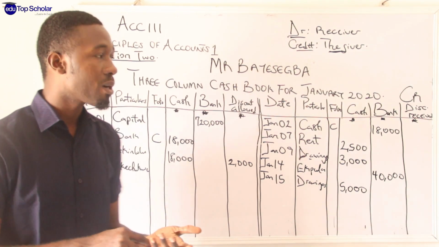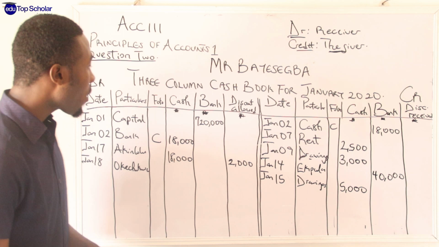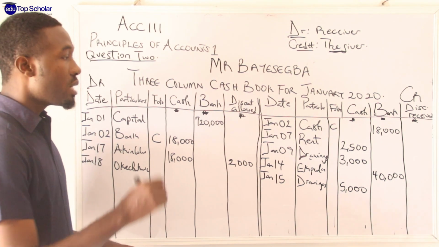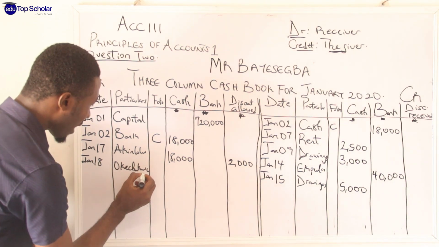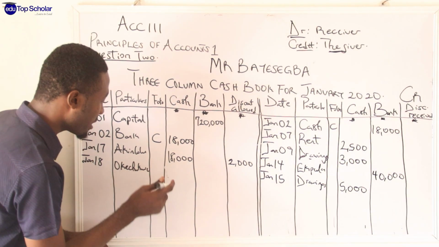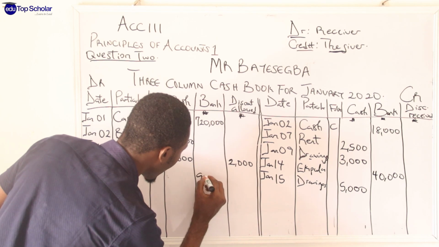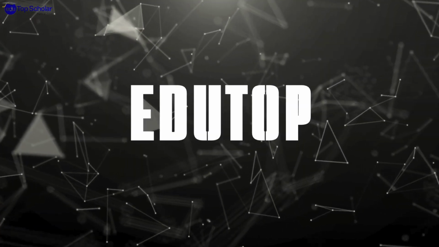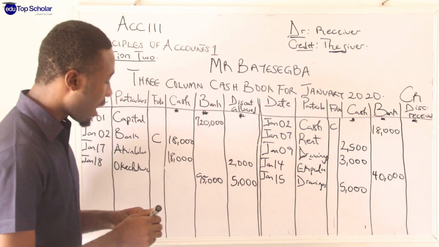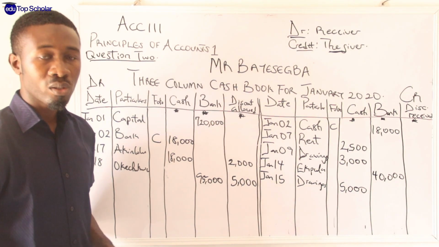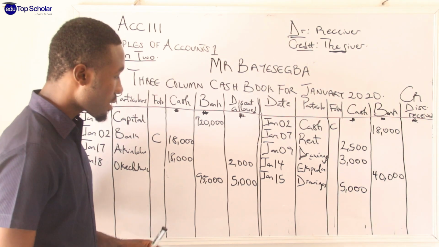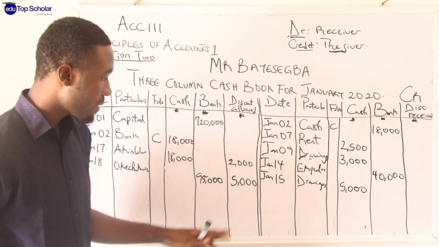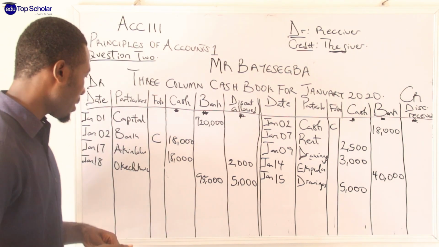So he paid 95,000 naira, and they told us that the money he paid was after a discount of 5% has been given. So we know that we have Okechukwu, and because we received check, it's going to be recorded on the bank side, 95,000 naira. Then the discount is 5,000 naira. So if you add these two up, it will give you 100,000 naira. And if you deduct the 5,000 naira from the 100,000, which was the total amount that was supposed to be paid, you would get 95,000 naira.